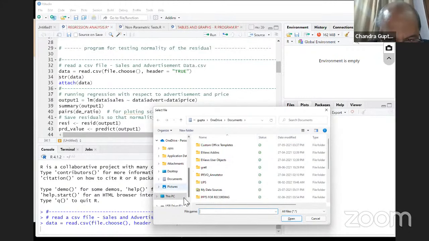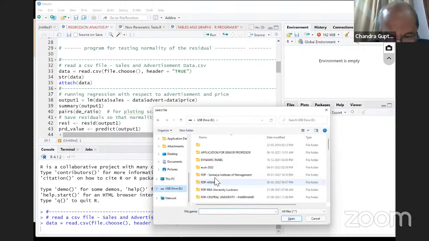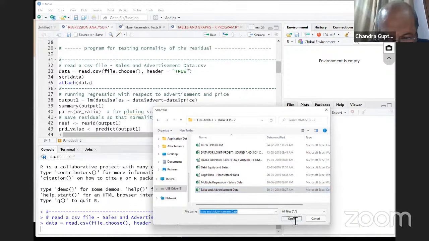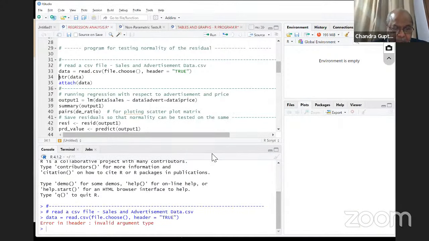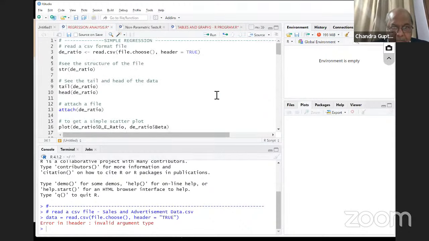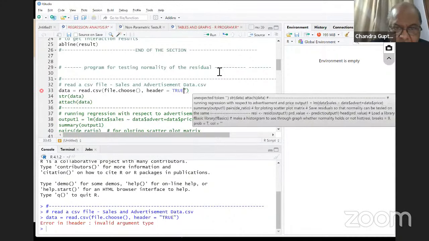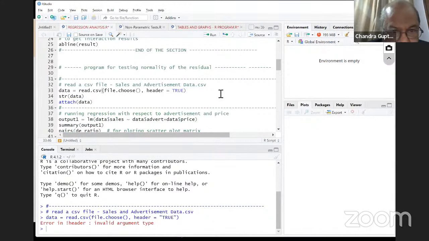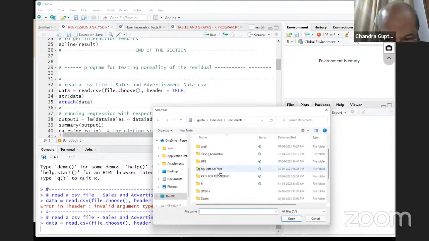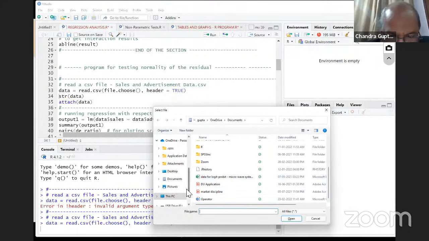Yes, now it has come. It should not be in the inverted commas. Kavita, have you tried for Gretel?